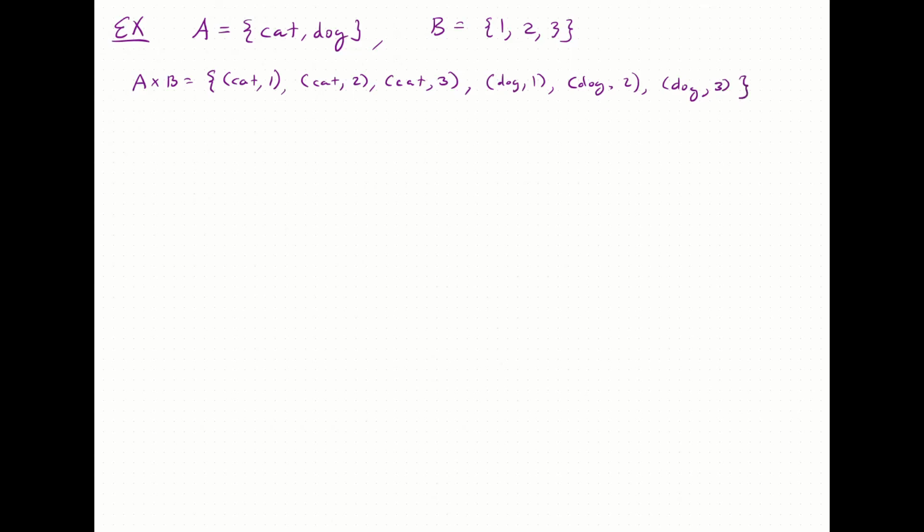And so we've exhausted all the possible candidates that we can have in terms of ordered pairs. And so we have this set of 6 elements composing the Cartesian product of A cross B.